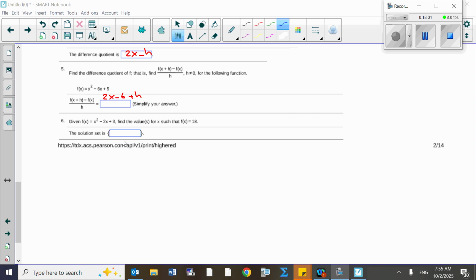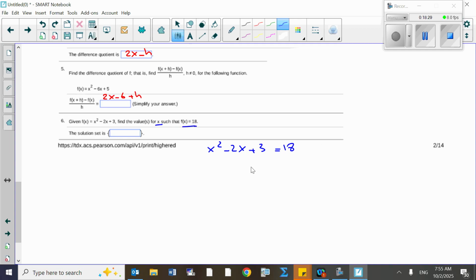Okay, next question. We're given this function and we want to know what is the x value if f of x equals 18. Okay, so we're going to use the function. I'm going to write x squared minus 2x plus 3. This is f of x and it's equal to 18. So we want to solve for x and know the value of x for this equation.